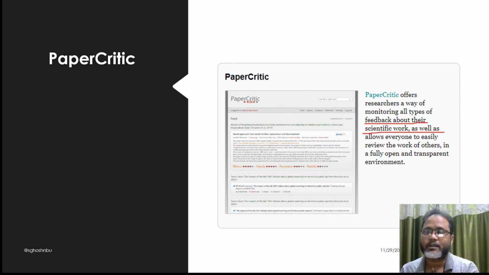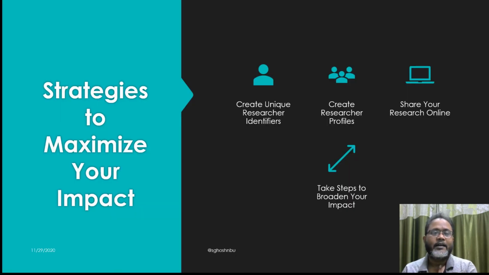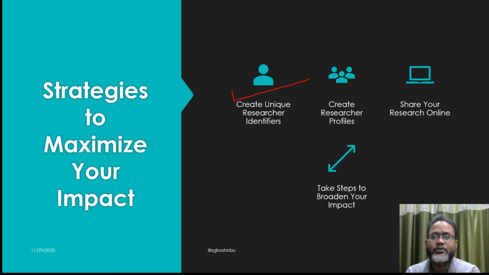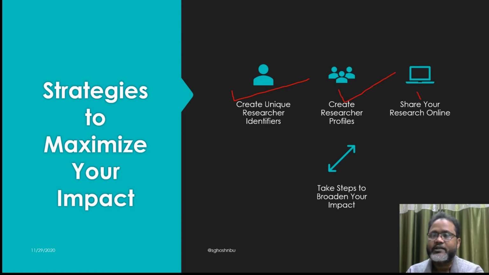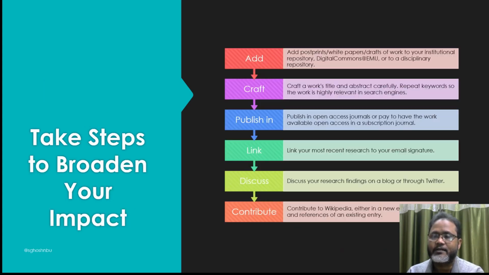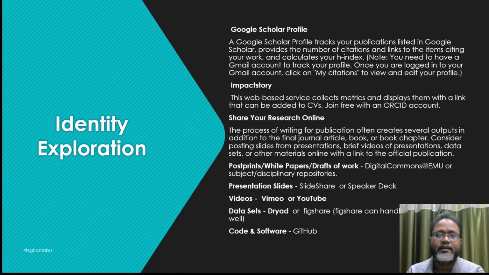Now, if you want to maximize your impact, be ready to create a unique research identifier, create a research profile, share your research in online mode, and take steps to broaden your impact. These are the different steps: identity, Google Scholar profile, check ImpactStory, share your research online, post preprints, white papers, draft work, presentation slides, videos, datasets, code and software.